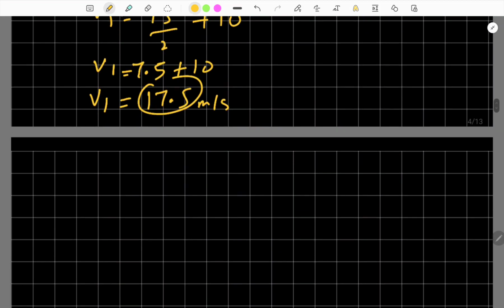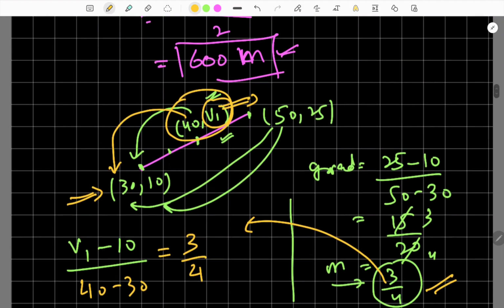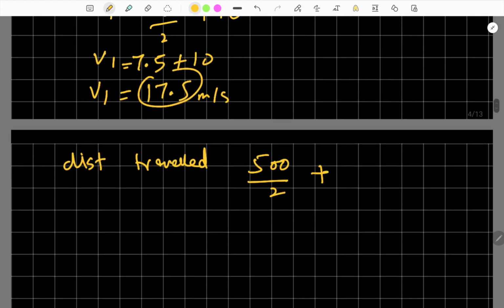ठीक है? First 30 seconds का कितना था? 500 over 2, right? So distance traveled, ठीक? So आपके पास बेटा आ जाएगा 500 over 2, first 30 seconds का, plus for the next 10 seconds again trapezium का formula लगाओ, half sum of parallel sides, 10 plus 17.5, ठीक है?